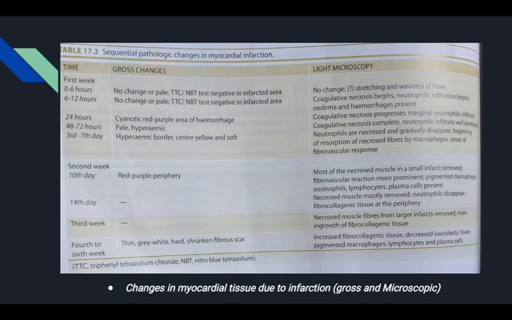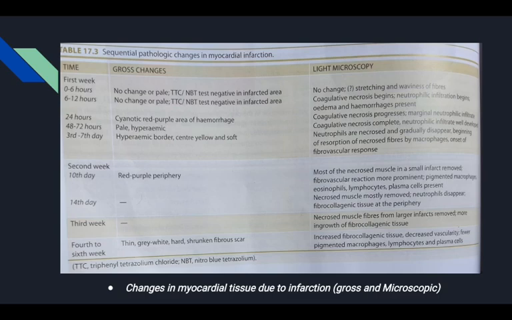Around 24 hours, cyanotic red-purple area of hemorrhage, pale hyperemic border, center yellow and soft. In the second week, grossly we can see red-purple periphery. In the third week, the same changes continue. Around 4 to 6 weeks, thin grey-white hard shrunken fibrous scar is seen.